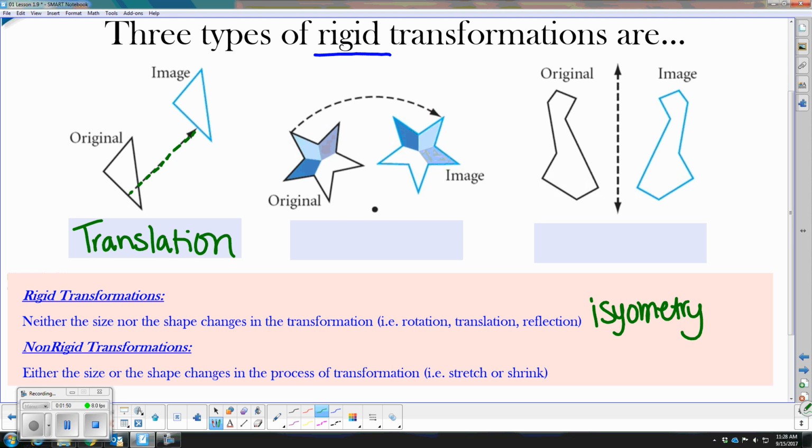In the second image, the one that has the star, here's our original, and we're transforming it to get our isometric image, and we're using rotation. And the third one, we have our original image, and we are transforming that image to get an isometric image, and we're using reflection to do that.